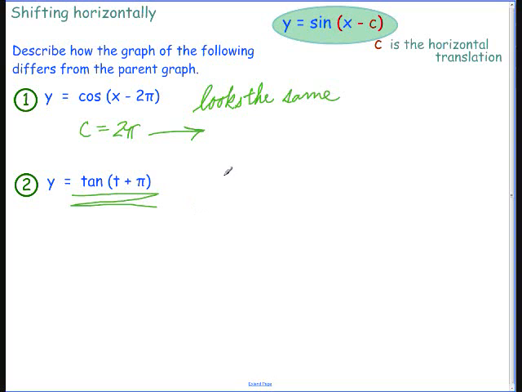Pi. So we've got a C here of minus, so it must be a minus pi. It's going to shift it this way, but it shifts it a full cycle, so it's going to also look the same. All right?